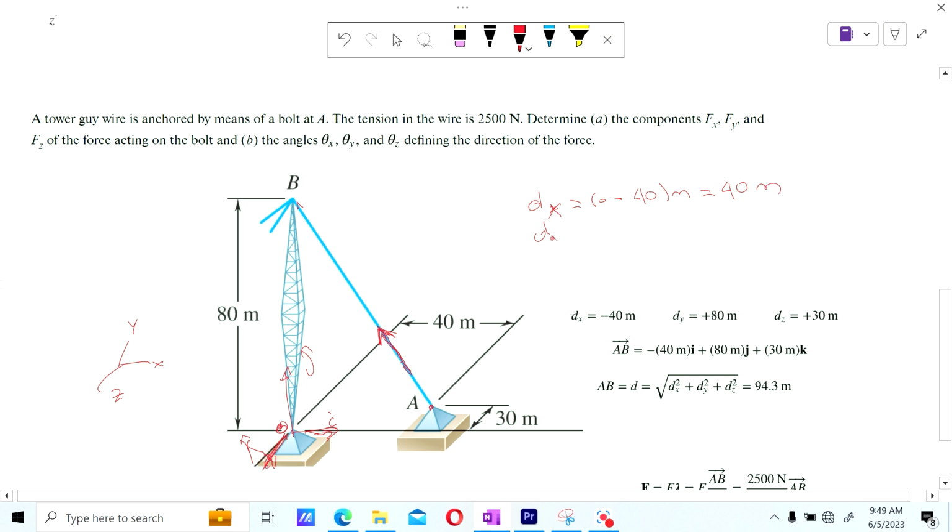Distance in y, y is up, is equal to 80 minus 0, 80 meters.